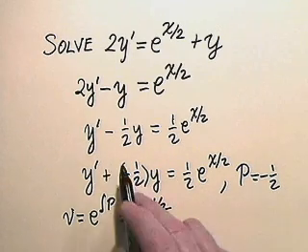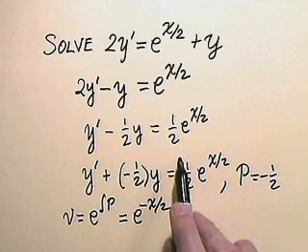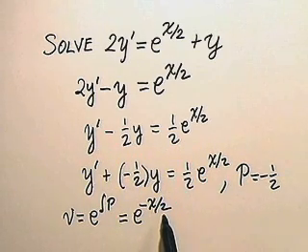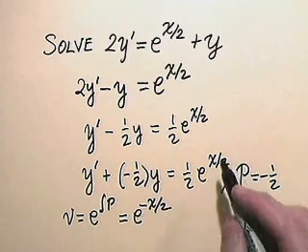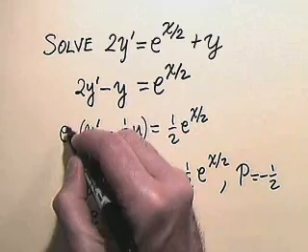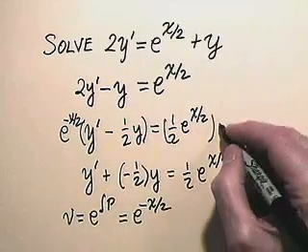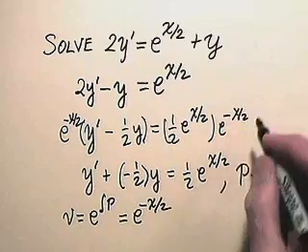And so now what we need to do is multiply both sides of this equation through by e to the negative x over 2. So let's come back up here. We'll take this equation, multiply through by e to the negative x over 2 on the left, and by e to the negative x over 2 on the right.